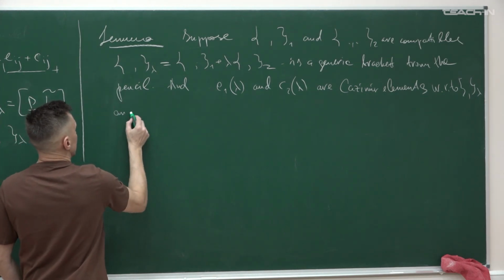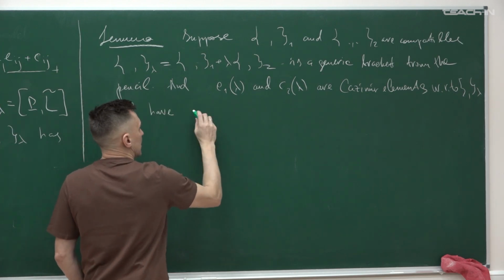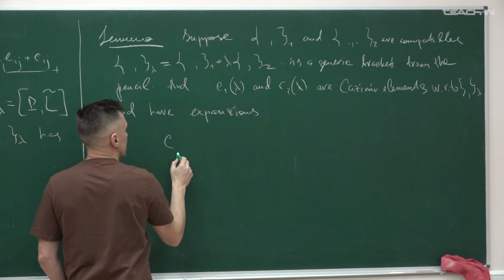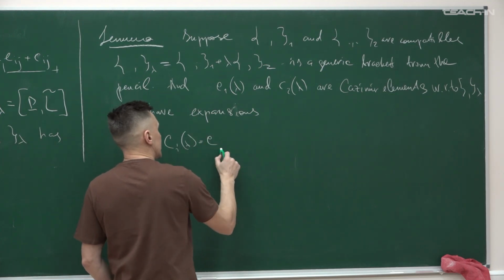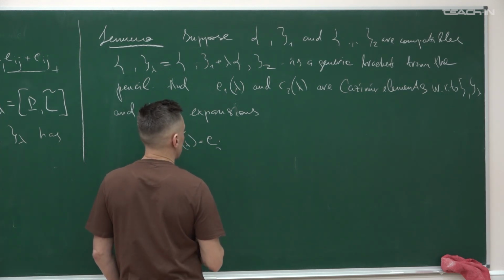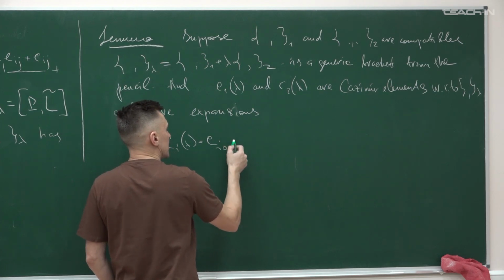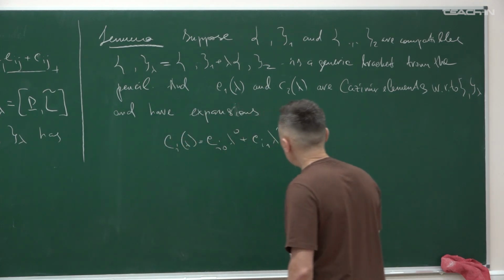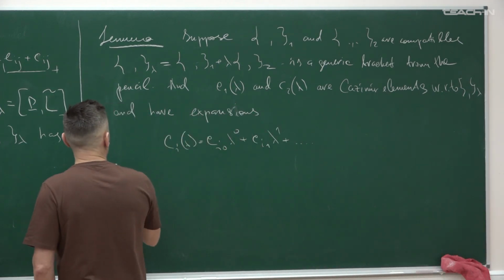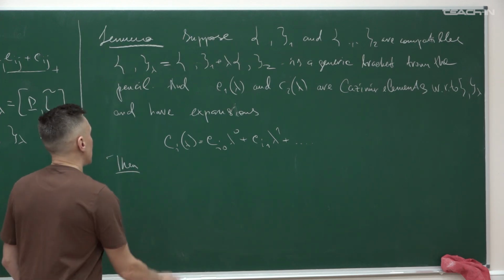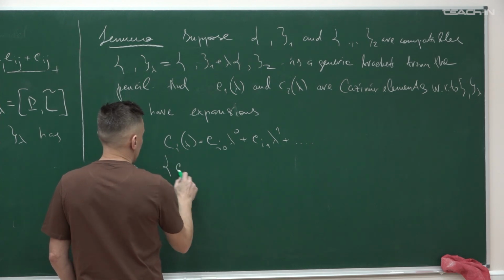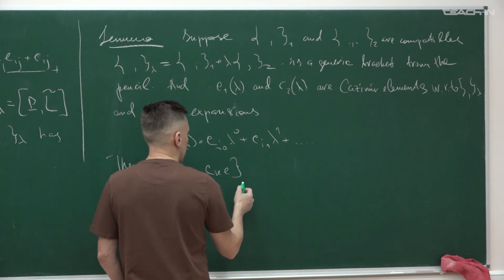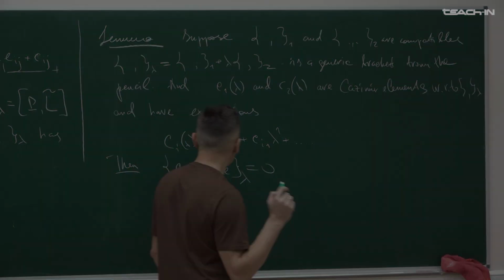Are Casimir elements and have expansions C_i of lambda, C_i; let me use the most simple situation, C_i0 lambda^0 plus C_i1 lambda^1, etc. Then C_ij and C_kl commute for all lambda.